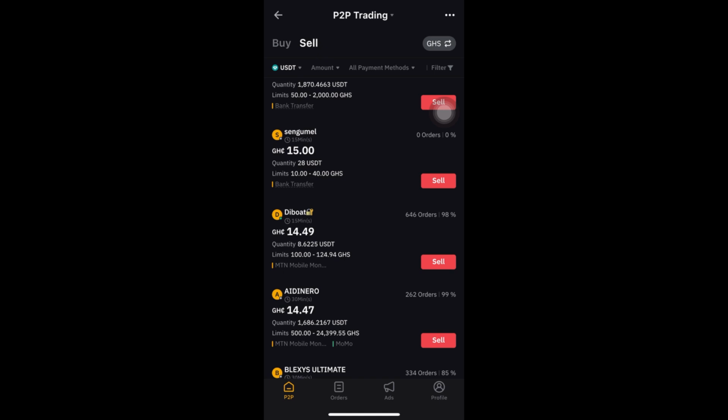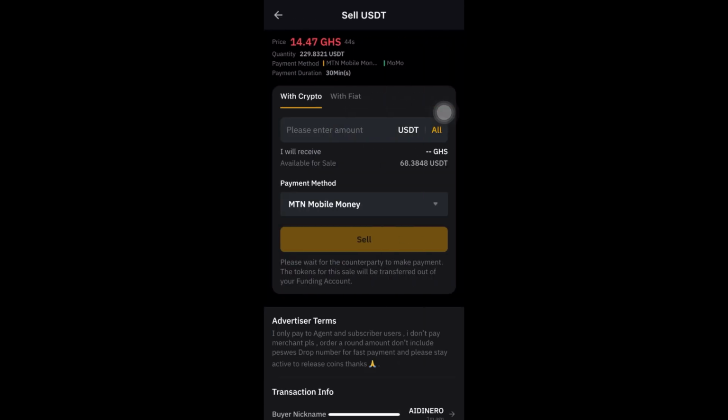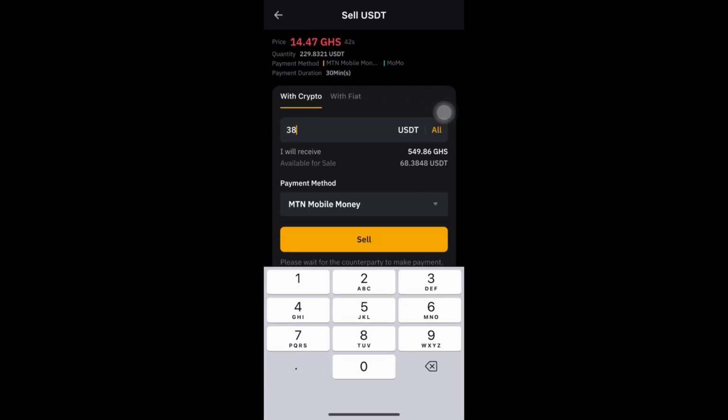You have to go in for a person with a higher amount. This one too, I'm getting about 36 cedis as profit per one trade.